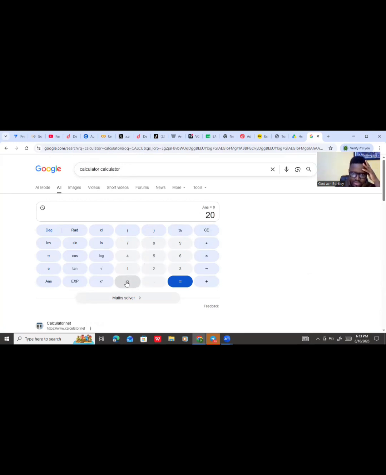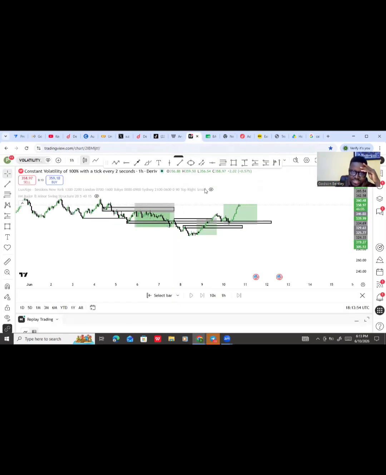So $200 times 11, that would be 2,200. Then we lost $100 times 5, right? So 2,200 minus 500, 1,700. So this is just on one asset.